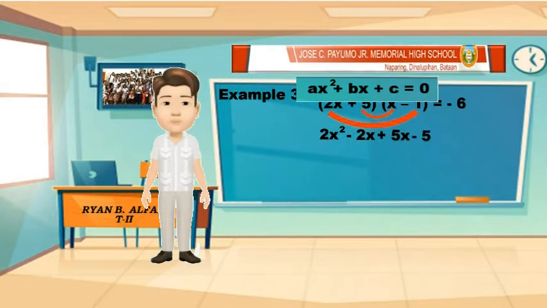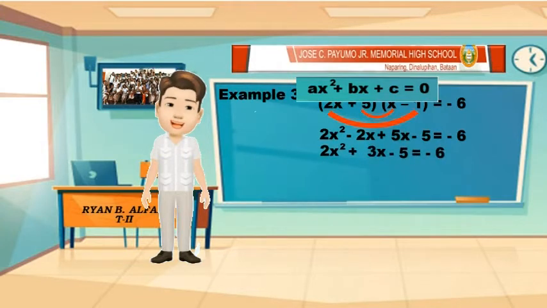Then copy the equal sign to negative 6. On the left side, we combine like terms, which are negative 2x and positive 5x. So we will have 2x squared plus 3x minus 5 is equal to negative 6.